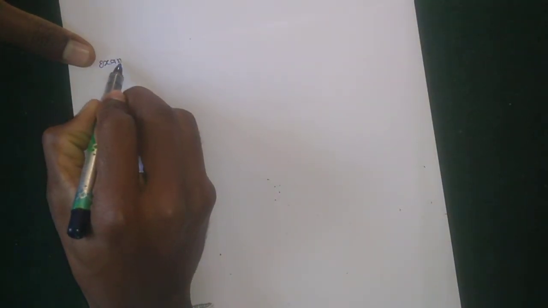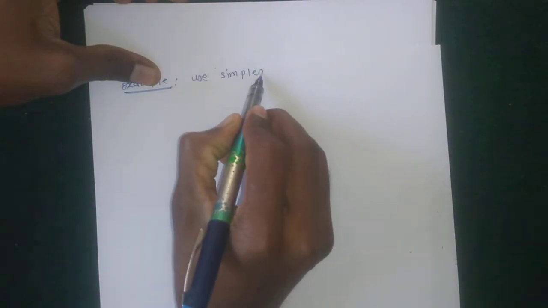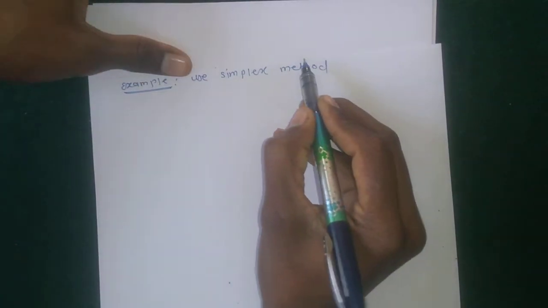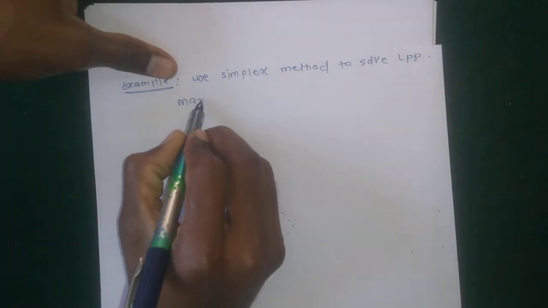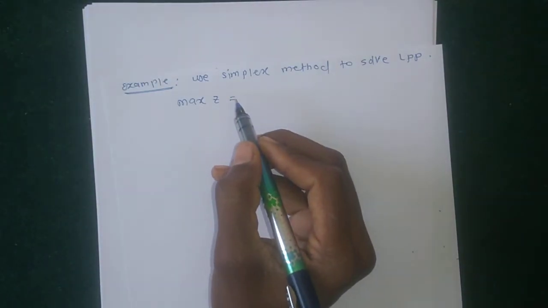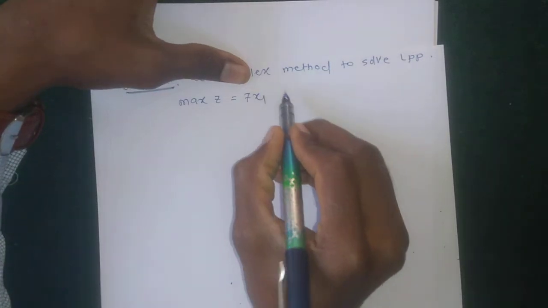Examples on simplex method. Okay, so first example: maximize z equal to 7x1 plus 5x2, use simplex method to solve the LPP.